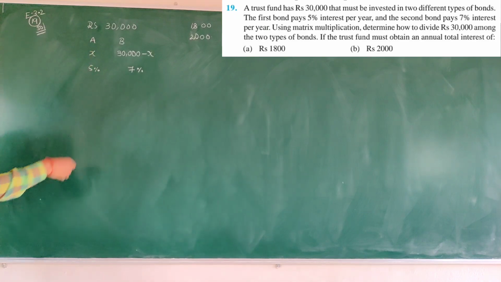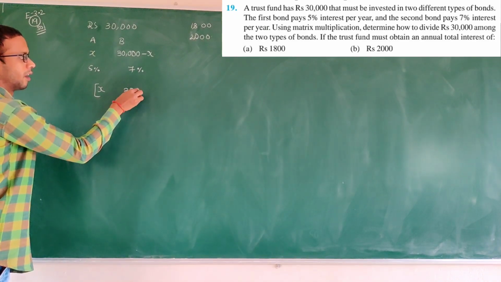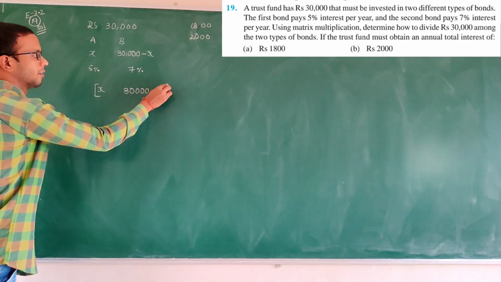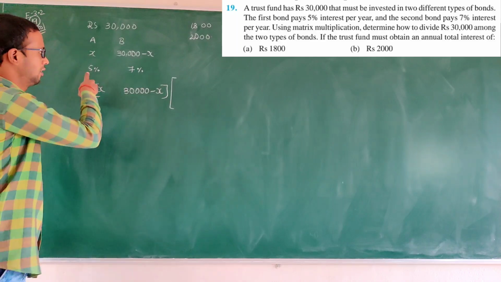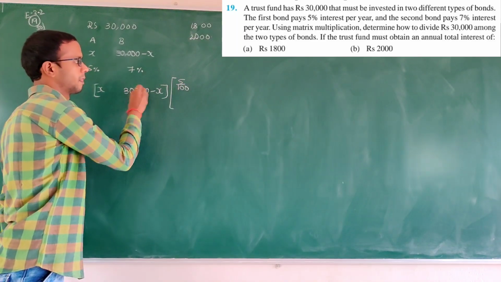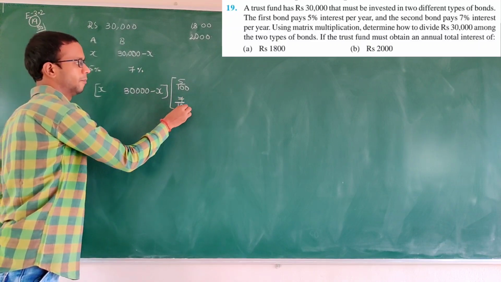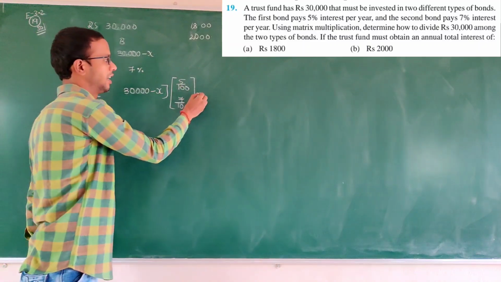Just write as matrices: x, 30,000 minus x, one matrix, and another matrix is 5% means 5 by 100, next 7 by 100. For first problem purpose, equate to 1800.